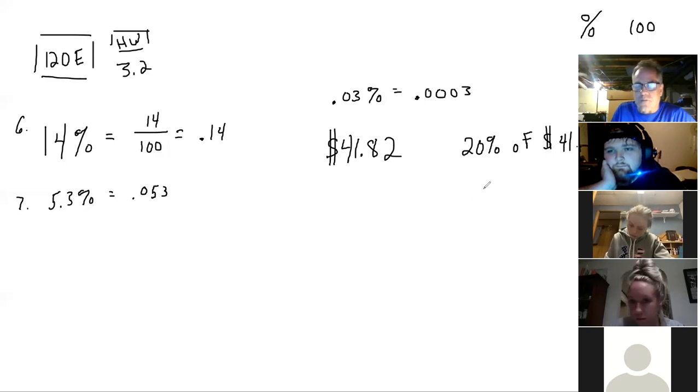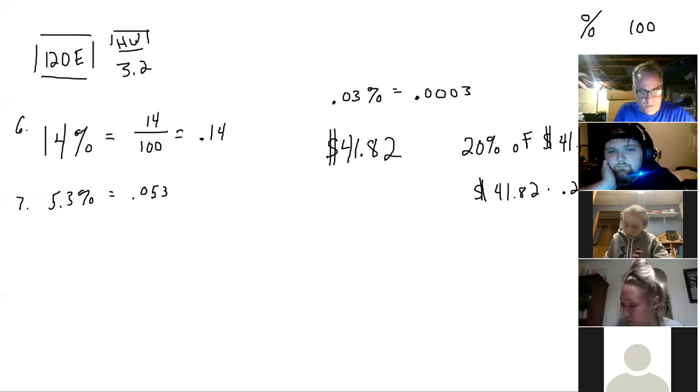If I move the decimal place twice, in decimal form that is 0.2. So I get my calculator on my phone and I go 41.82 times 0.2.